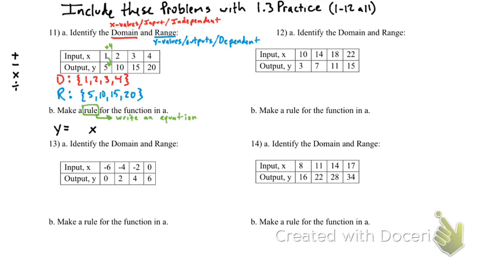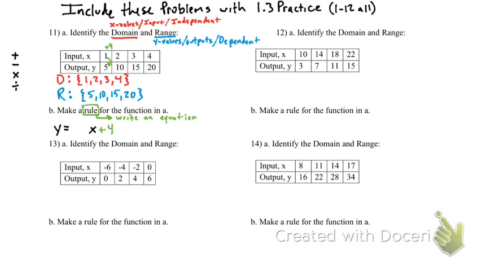Okay, so my rule right now is I think I can turn all these inputs, all these x values, into their y values, their output, by adding 4. So let's try this rule. So I'm going to write the rule down into my equation down here. So I think my rule is adding 4. So we'll do plus 4.